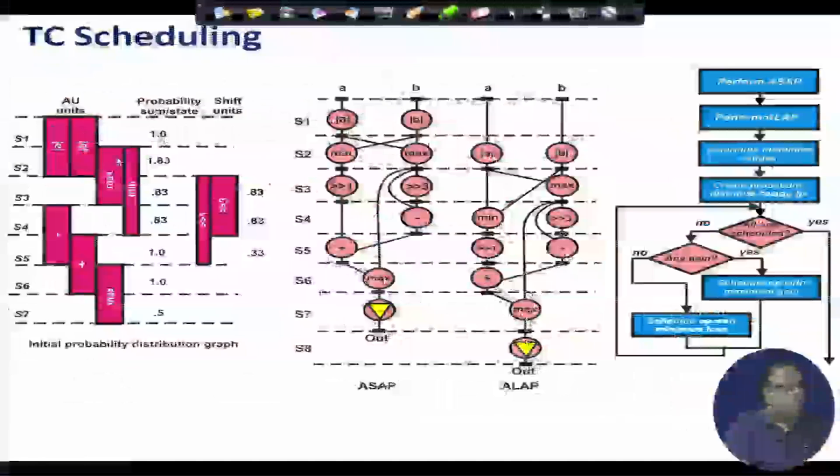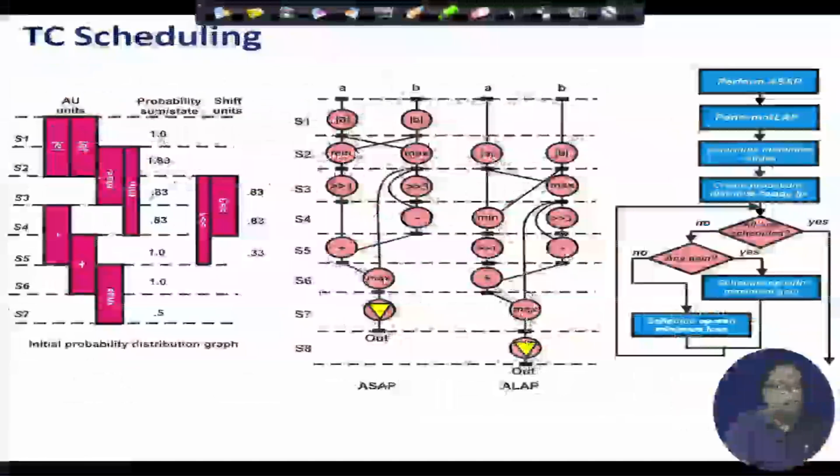Okay. What about this? Max can be scheduled either here in step 2 as shown here, or max can be scheduled in step 3, all right, and mean can be scheduled here, here or here. Clear? Follow this. Mean can be scheduled according to ASAP here.